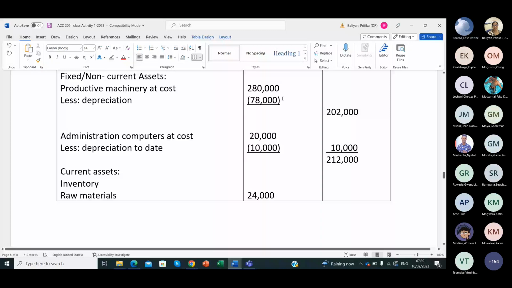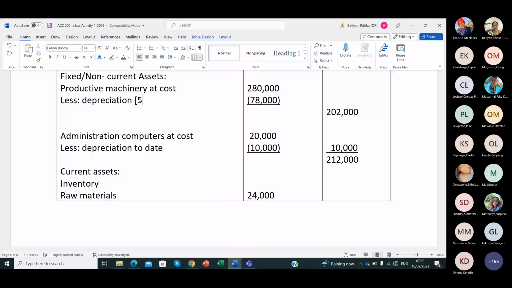Anyone who still do not understand this calculation? Ma'am, please say that again. Please explain again. Okay, do you have the copy of question? Yes. Okay, look at the question part where is written productive machinery. Productive machinery, then in a bracket is written the at cost 280,000, right?